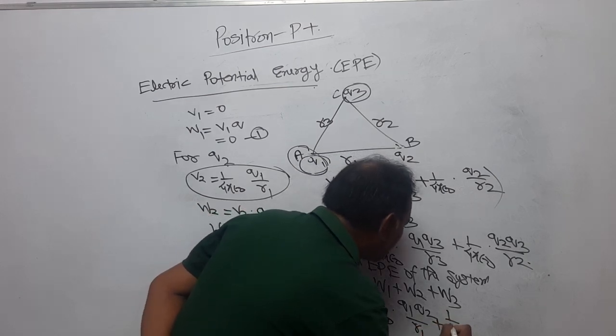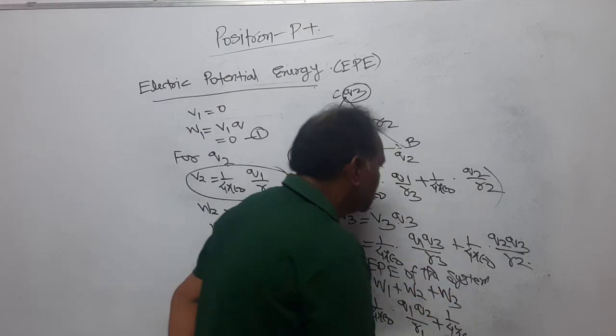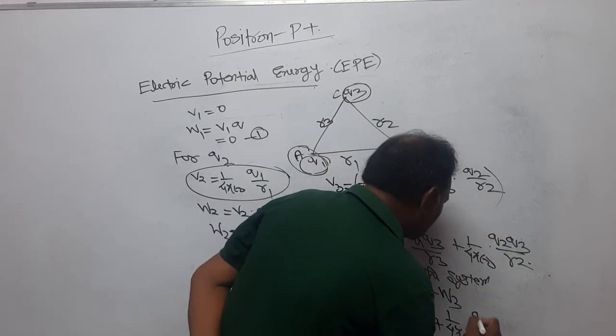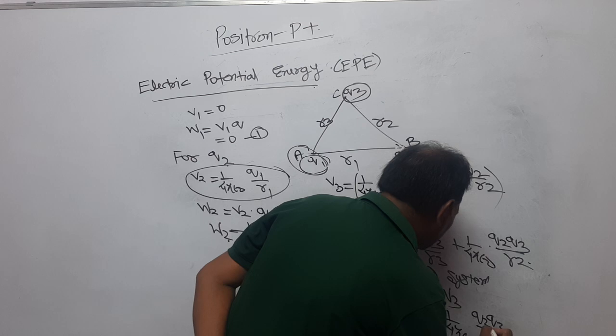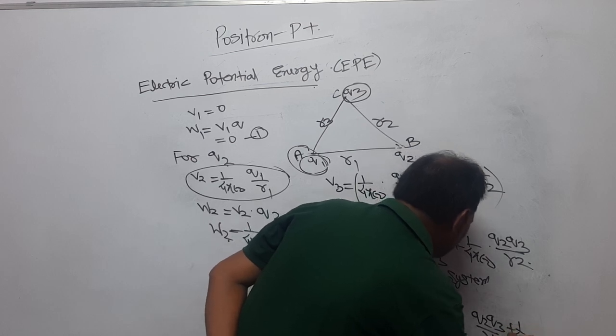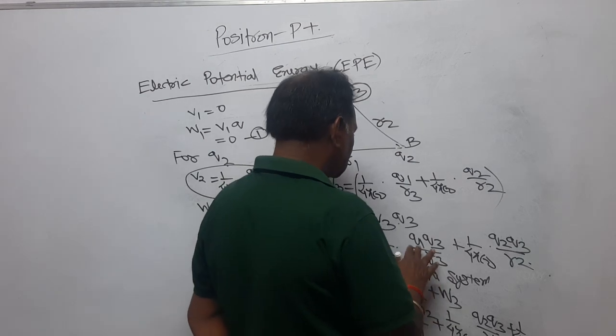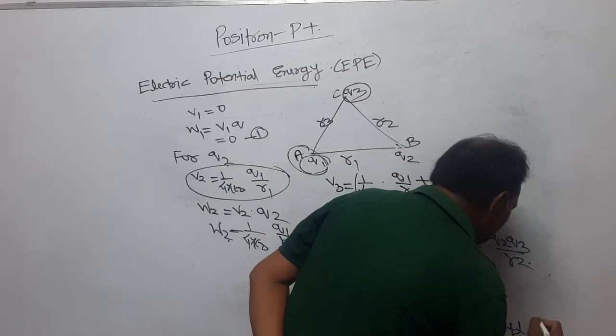Plus 1 upon 4 pi epsilon naught Q2 Q3 upon R2, plus this is Q1 Q3 upon R3.